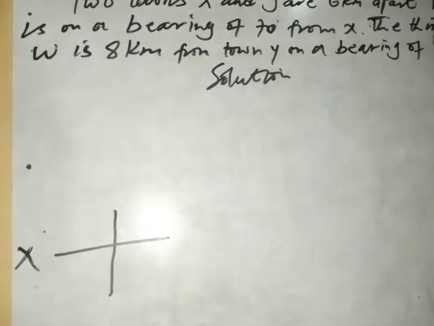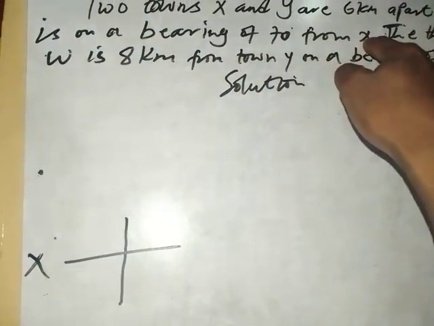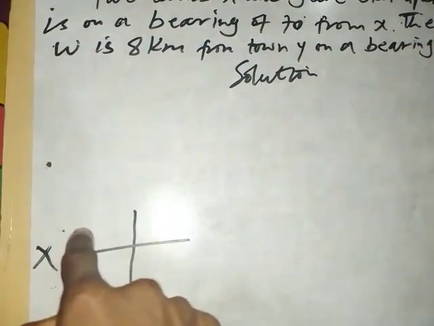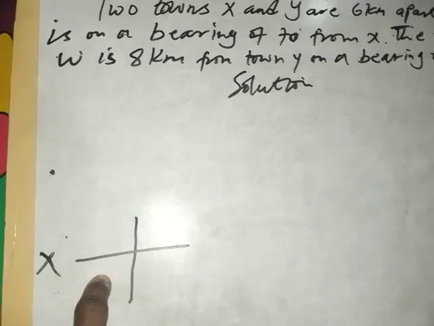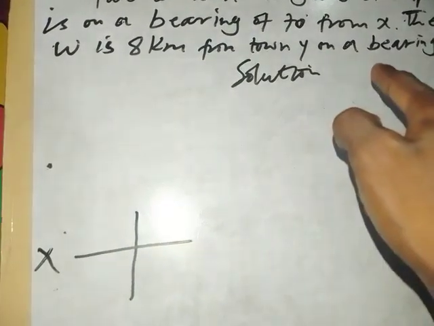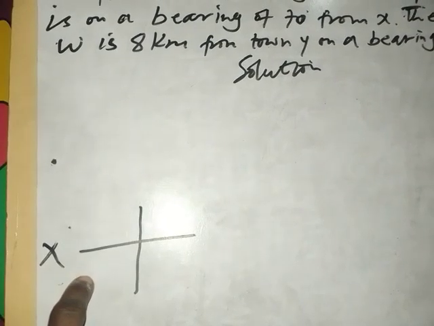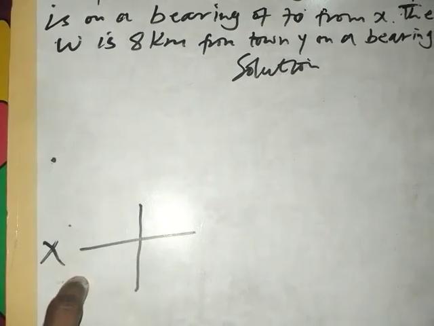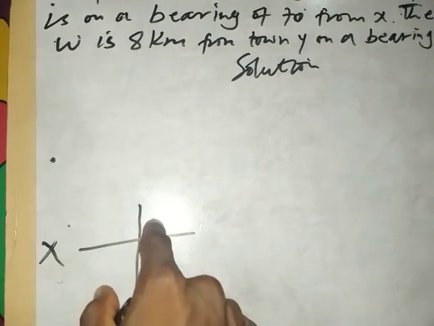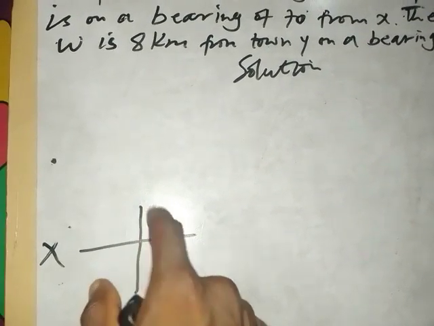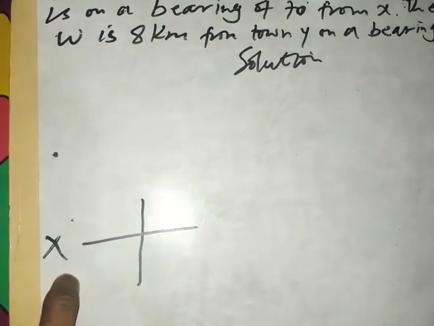Since town Y is on a bearing of 70 degrees from X, that angle must be at X, because it is leading to another town, which is Y. So you are going to locate 70 degrees on a bearing at town X.